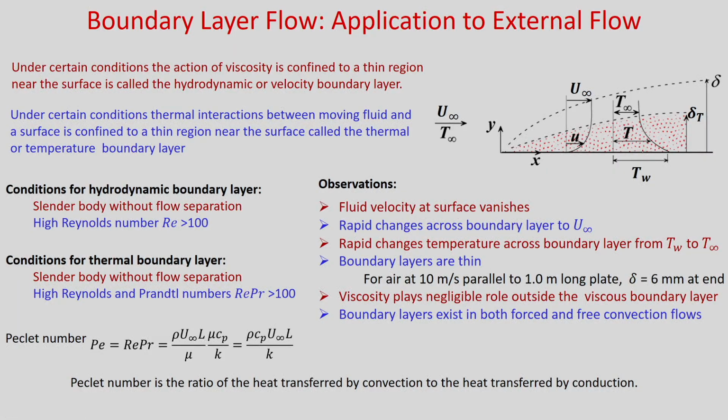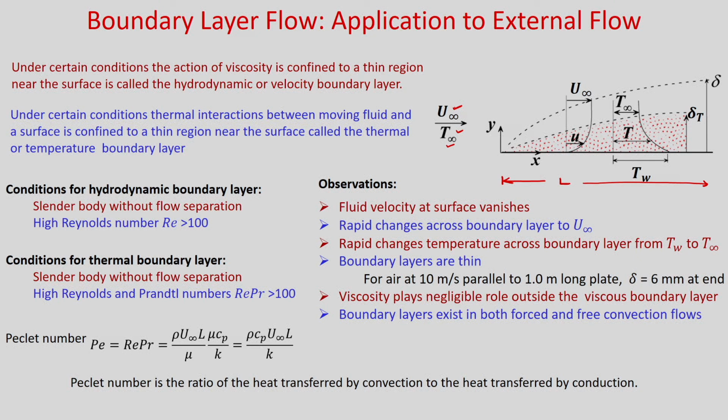Here you have a flat plate, let us say of length L, and a uniform flow u infinity and temperature T infinity. This velocity is known as the free stream velocity, and this temperature is known as the free stream temperature. X is measured in the axial direction and y is measured perpendicular to the plate.